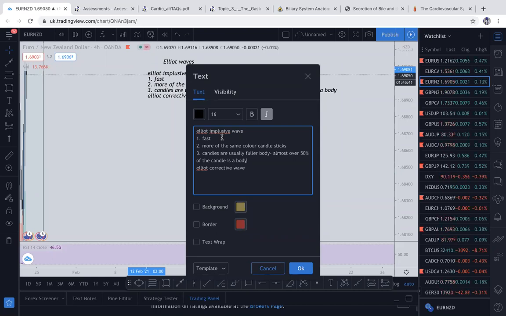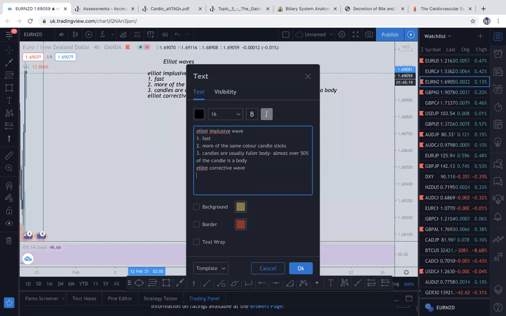Almost over 50% of the candle is always going to be a body. The rest, probably less than half of the candle, is always going to be wicks. So that would be the characteristics of an Elliott impulsive wave. We will go on the chart and then I'll show you some of the examples as to how they happen.